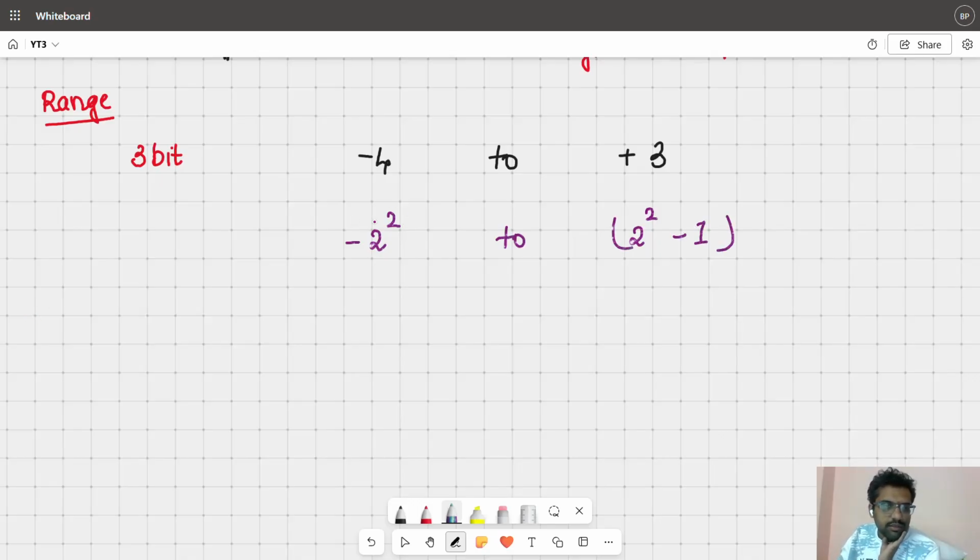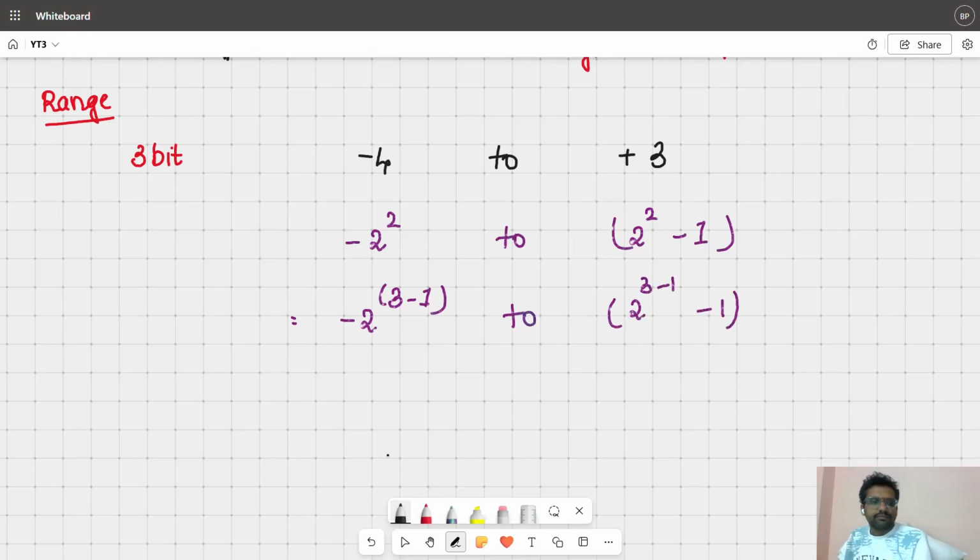So here I'm representing it as minus 2 power 3 minus 1 to 2 power 3 minus 1 minus 1. Here I'm just considering n equals 3.